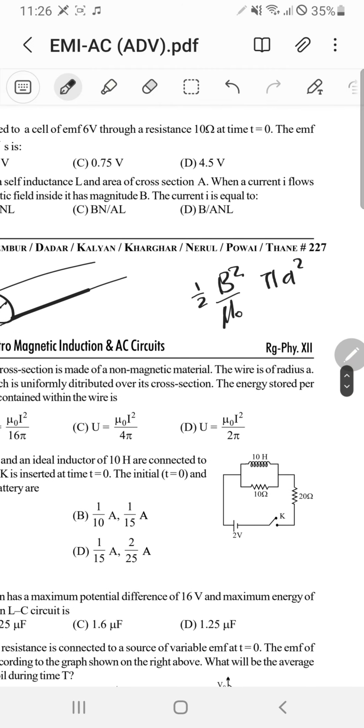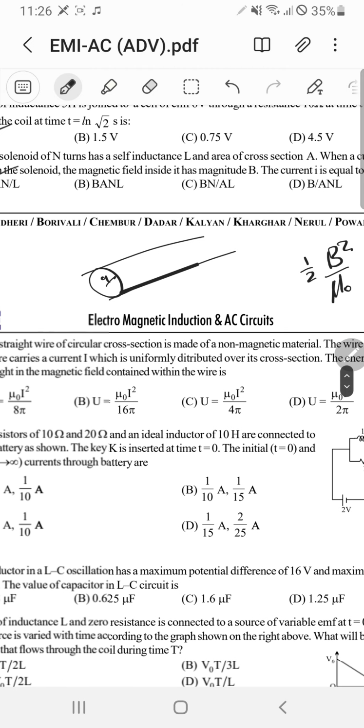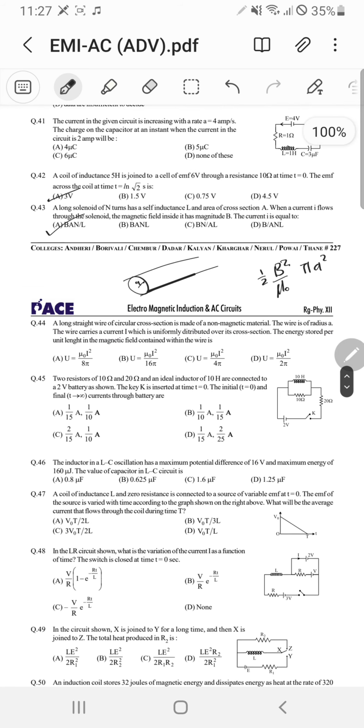No, something's not right. Why is there pi in the denominator? We want it in terms of current. All right, that's different altogether.